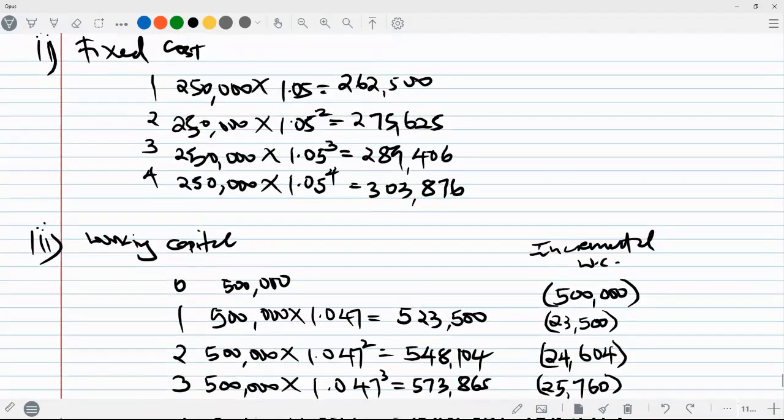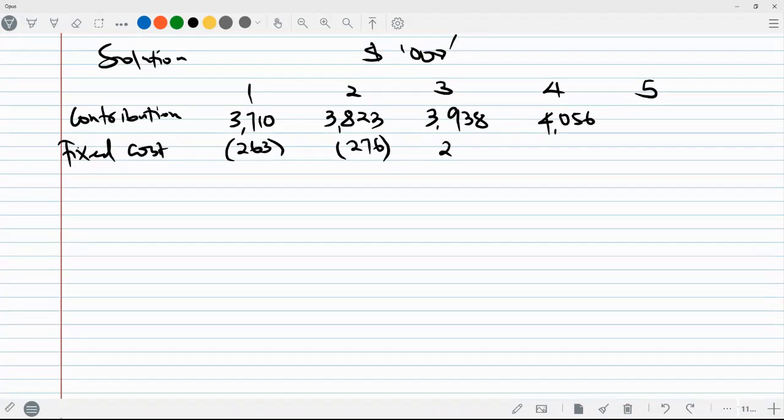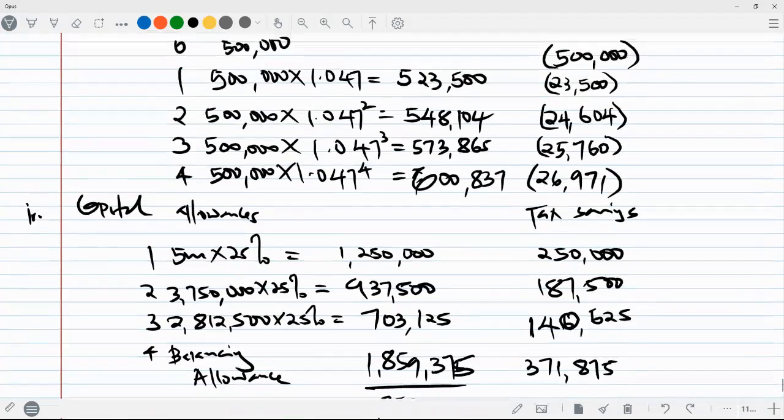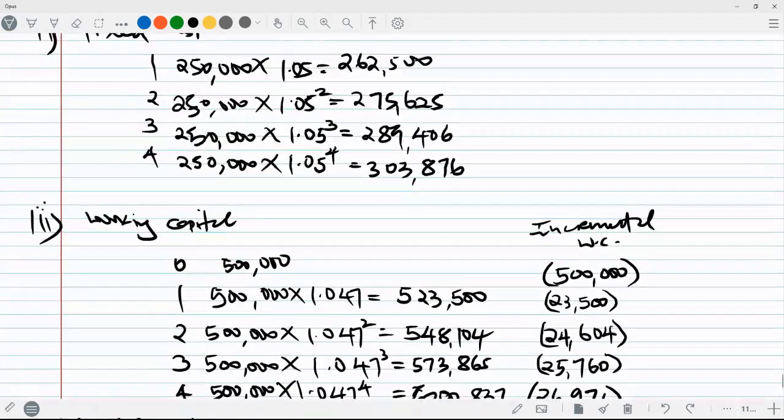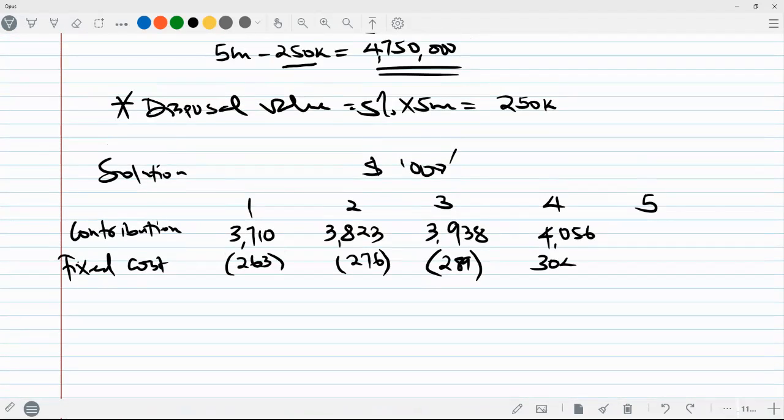Year 3, we have 289. Year 4, we have it to be equal to 304. Okay, the cash flow production or the profit, in case you want to call it that way. Then we pay tax at 30%. Then you have tax savings.